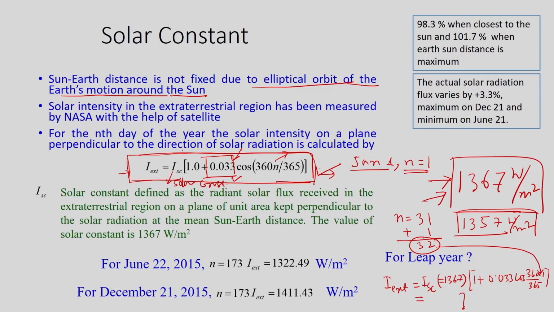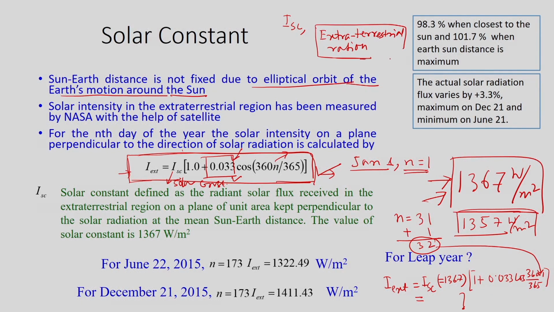So, let me summarize these slides. What we have learned? We have learned two very important parameters. One is solar constant and second one is extraterrestrial radiation. Okay.